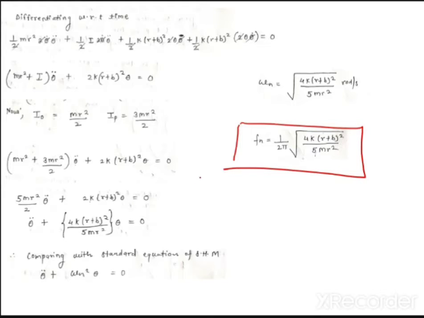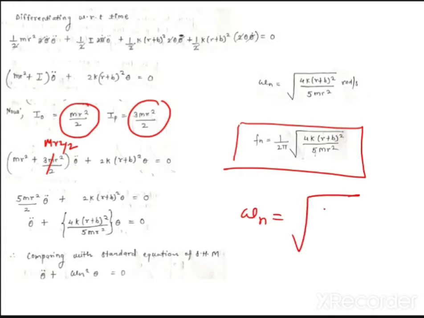Okay. Now try to remember that those guys who are not considering I_P equal to 3 m r squared by 2 will go by the book method and will use m r squared by 2. So here what will happen? It will become m r squared by 2, plus m r squared, so it will become 3 m r squared. So what will be the change in the answer? Their answer will be omega n equal to the square root of 4k (r plus b) squared divided by 3 m r squared. So the only change is that here it will be 5 and there it will be 3.